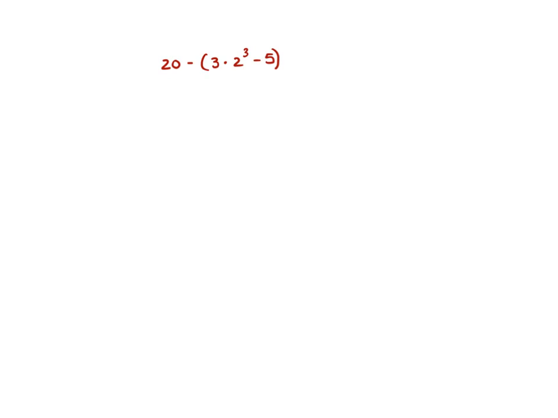Next example. Let's start inside the parentheses. And inside the parentheses, we have to do exponents first. PEMDAS, parentheses, then exponents. So it's 3 times 2 cubed. You can run off to the side and do that if you need to. It just means 2 times 2 times 2.